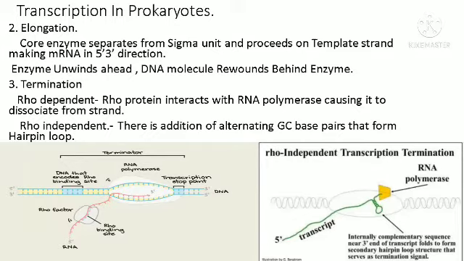The elongation process. So the coenzyme has separated from the sigma unit, and it now starts to move along the DNA template strand, synthesizing the RNA molecule using those separate parts from the coenzyme. You have one part that's binding the template strand, and then you have the other part which contains the ribonucleotides.